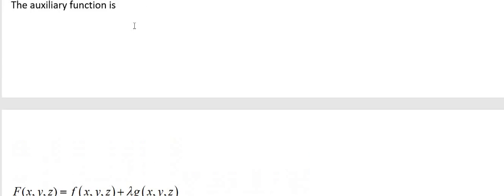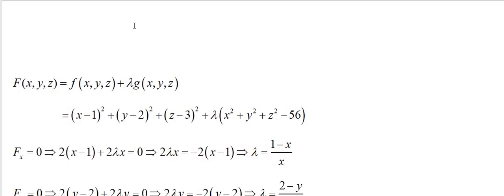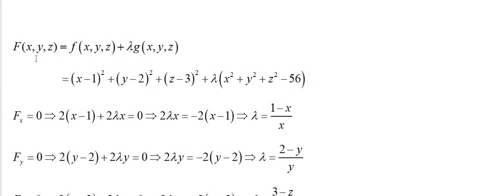Now I am going to consider the auxiliary function, that is capital F equal to f plus lambda g. Here capital F and small g are all functions of x, y, z. Substitute the f value and g value, then I am going to get this as capital F.